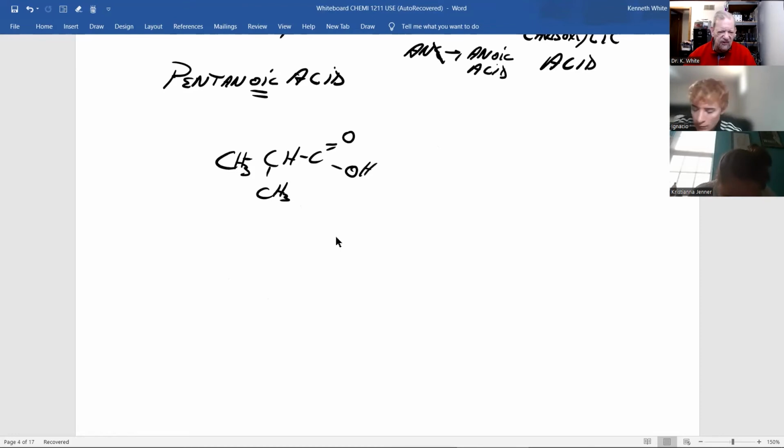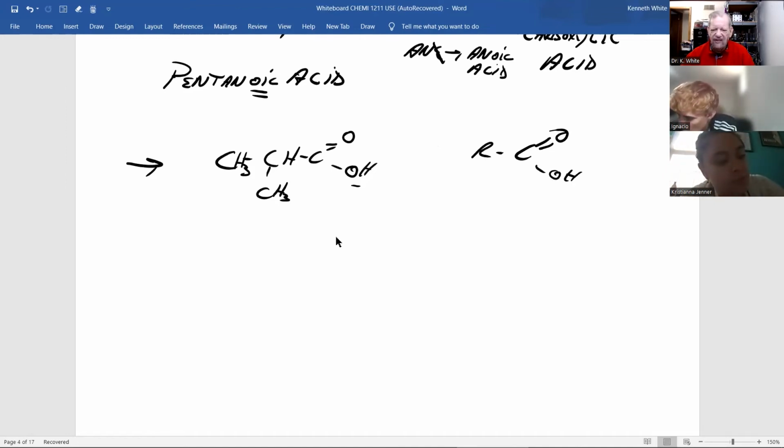If we look at this molecule, first of all, what's different? A carbonyl with a hydroxyl group, OH.